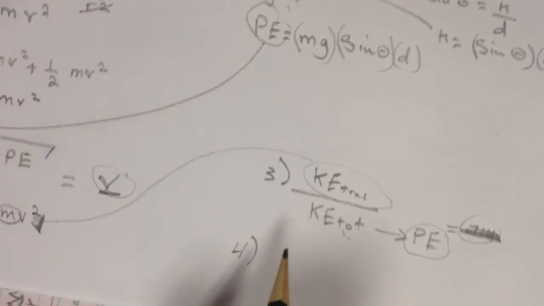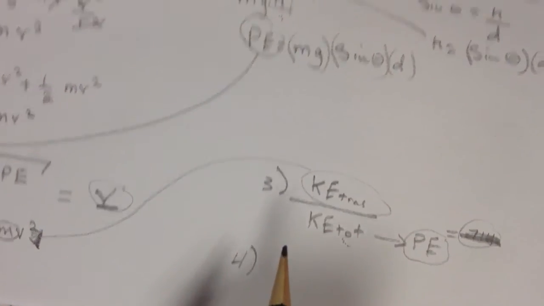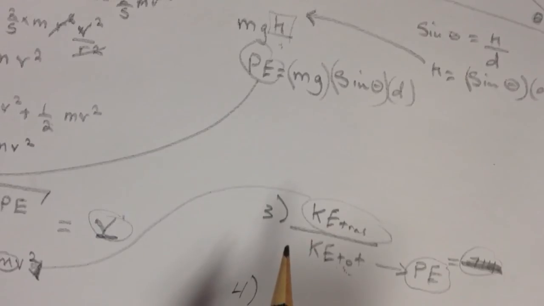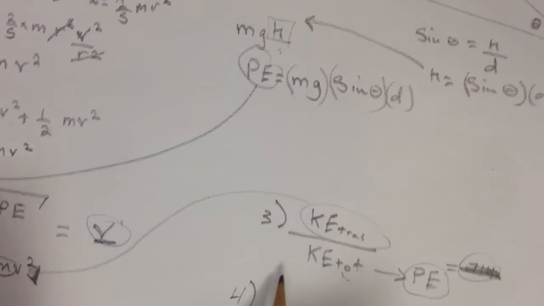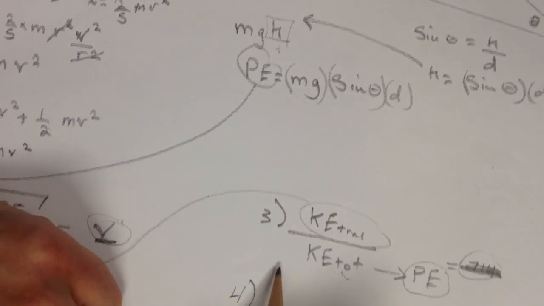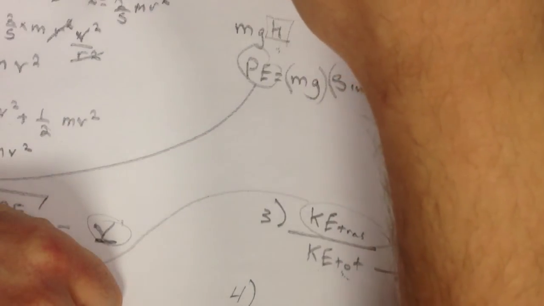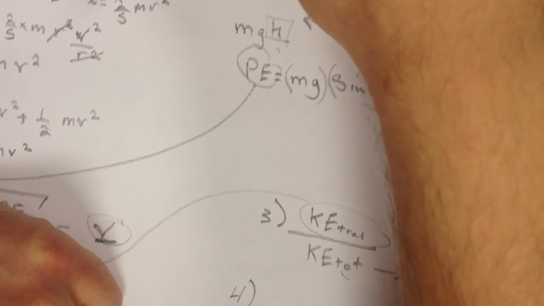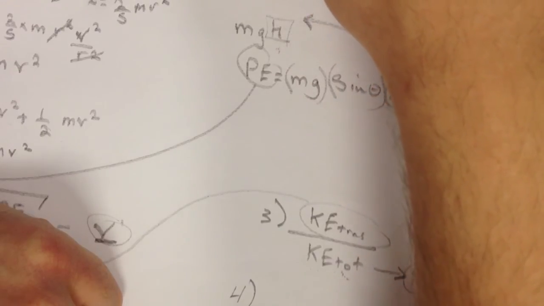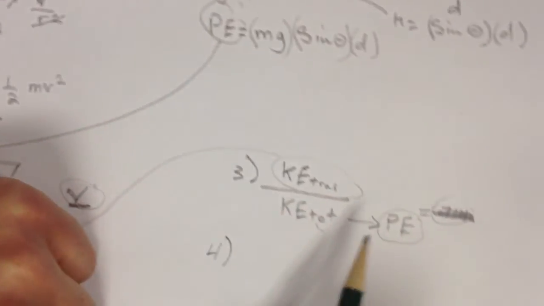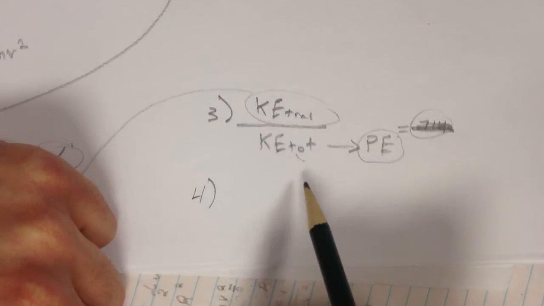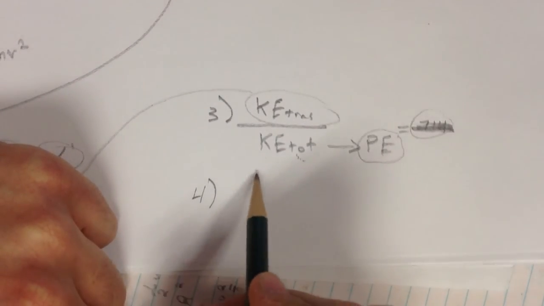So number 4. They're asking: suppose there is no frictional force between the sphere and the incline, what's the translational kinetic energy of the sphere at the bottom? Since there's no friction, there's no rotation.